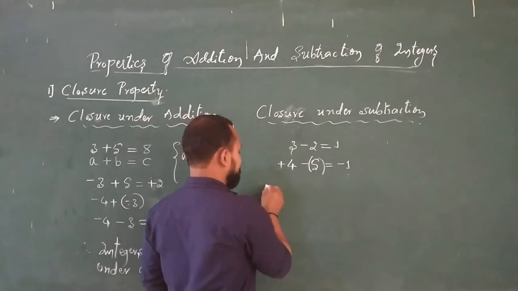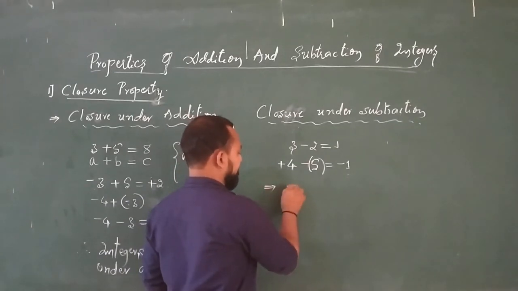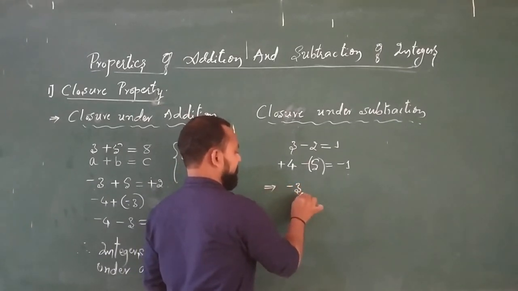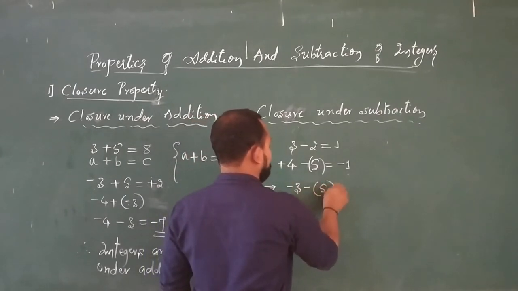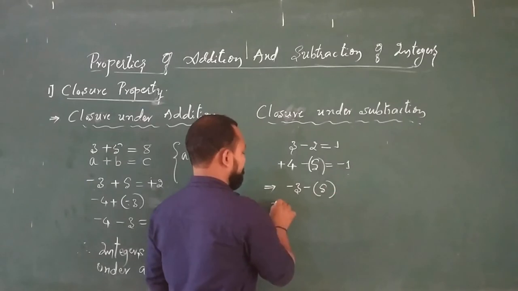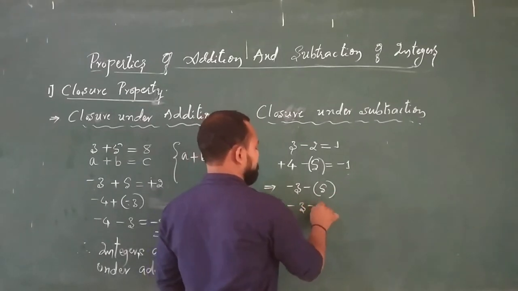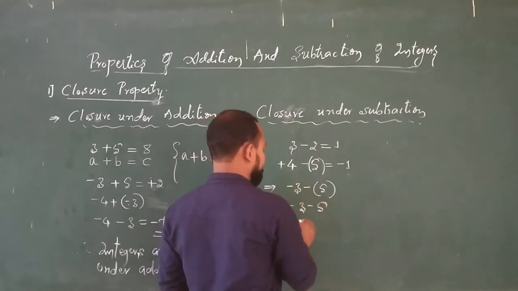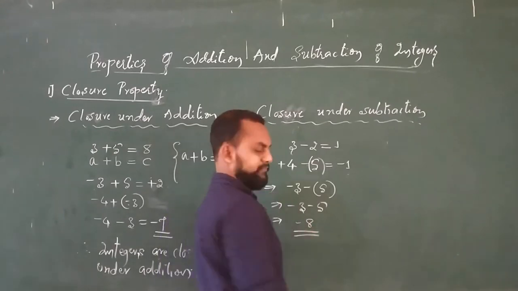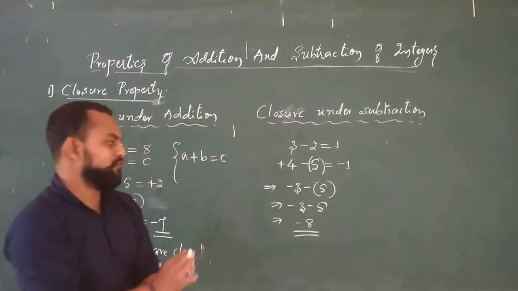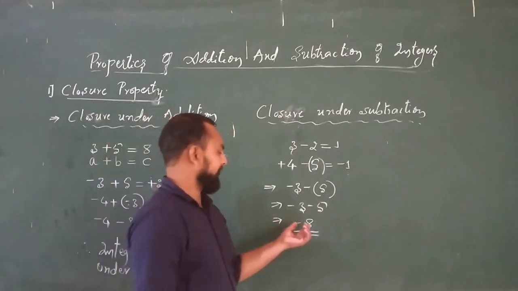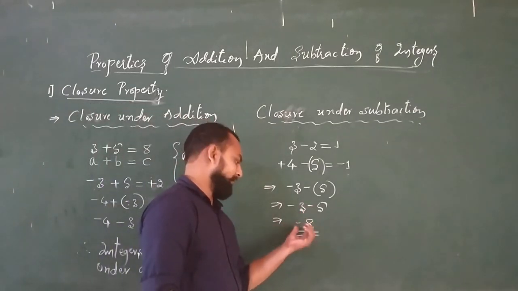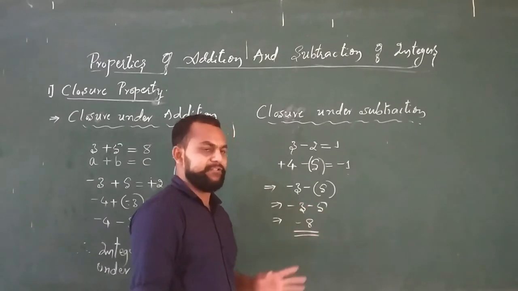Let's check integers. Take an example: minus 3 minus 5, which is minus 8. The difference of any two integers is again an integer.